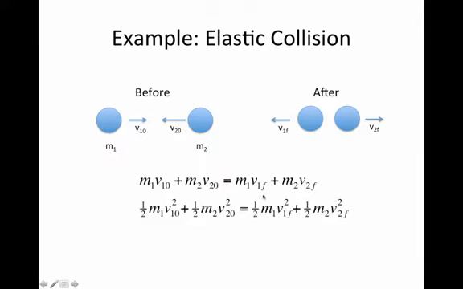So momentum conservation applies. And we also know that because this is an elastic collision, the total amount of kinetic energy that we start with must be equal to the total amount of kinetic energy we have afterwards, even though in between some of this kinetic energy became elastic energy. It's all been turned back into kinetic energy by our after situation, and so these two quantities must be equal.